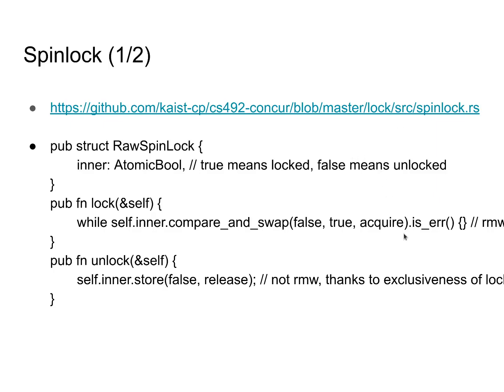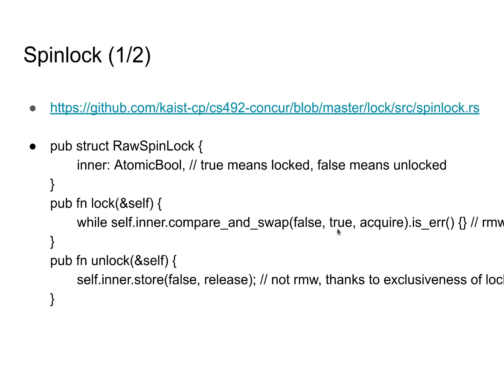Also, you can notice that there are acquire and release orderings. And you may wonder, what's the meaning of this? Why do you need this? Mutual exclusion already seems achieved, because it is atomically replacing false with true.